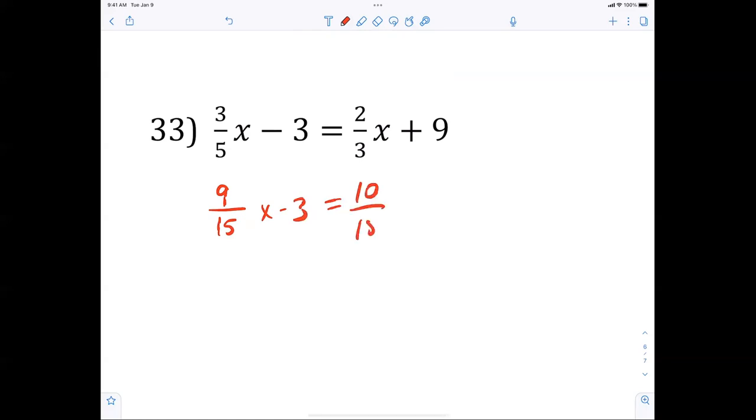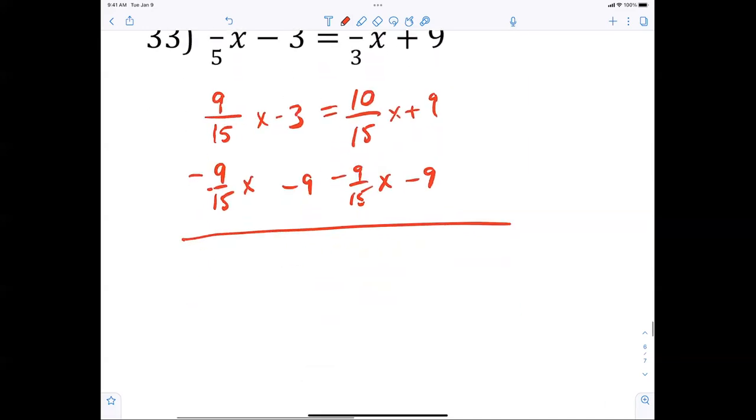Good job. So then you subtract 9/15 x, and subtract 9. So you get -12 equals 1/15 x. You're amazing.